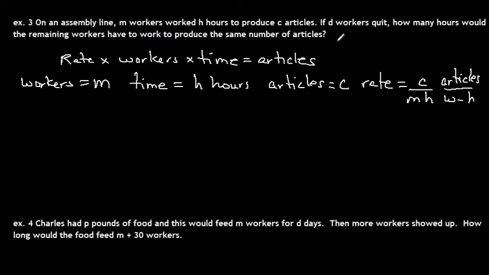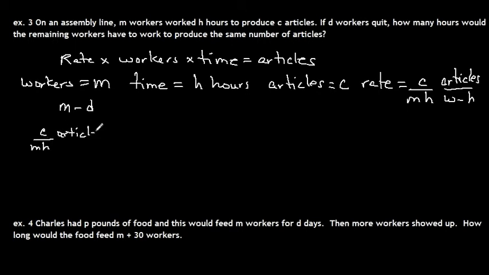If D workers quit, so now we have a different amount of workers. Our new workers is going to be M minus D. So that's our new worker number. The articles will stay C, and we'll keep the same initial rate. So we're just going to put it into this problem. Rate is C over MH articles.